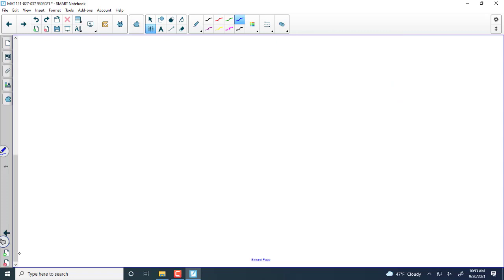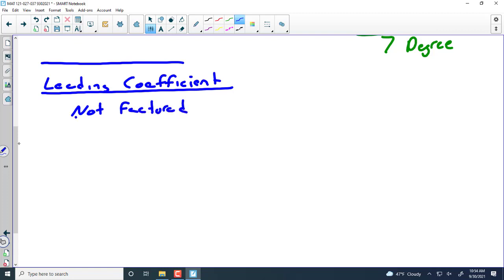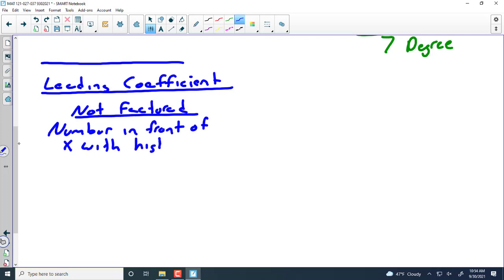So, let's summarize a bit. I know we already said some of this stuff, but let's summarize a little bit here. Leading coefficient. If it's not factored, it is the number in front of x with the highest power.